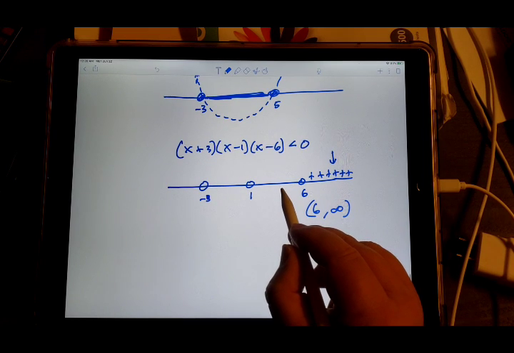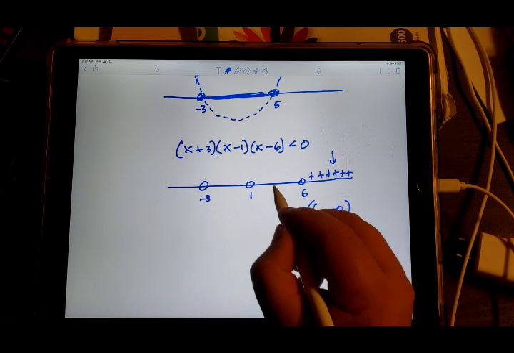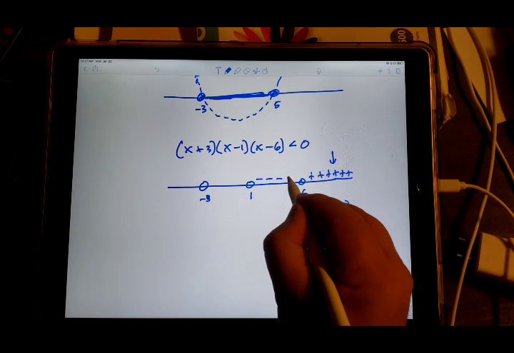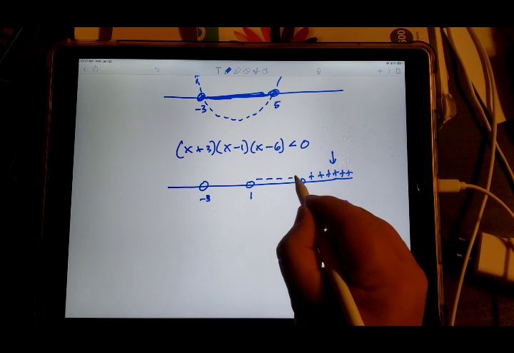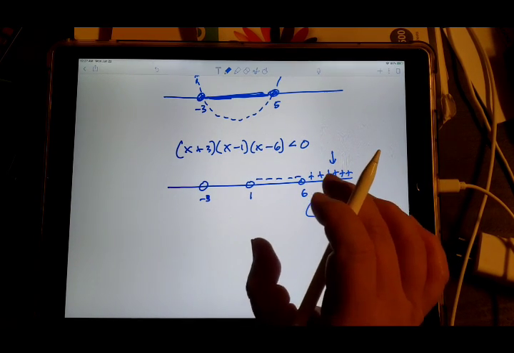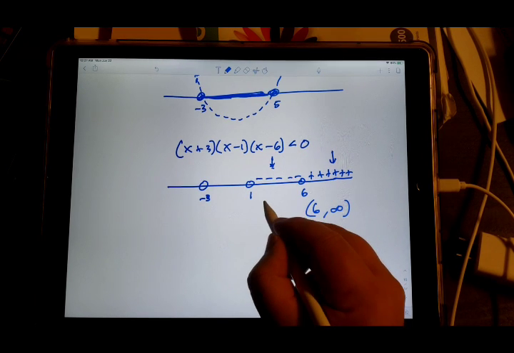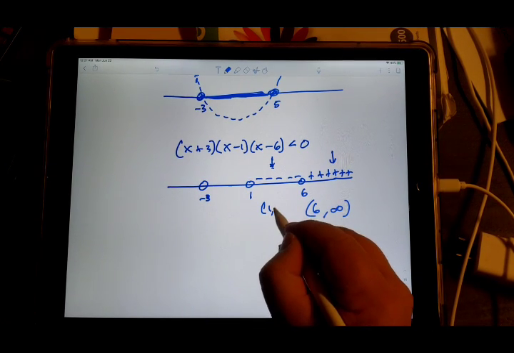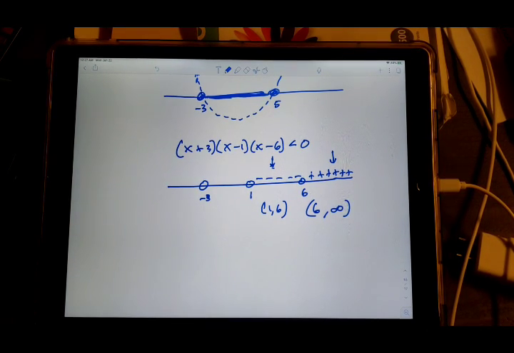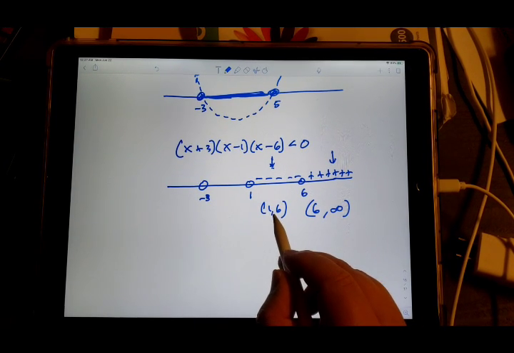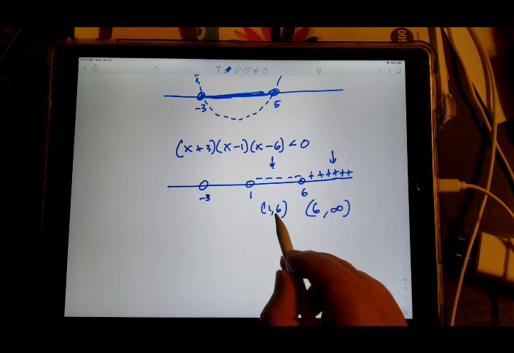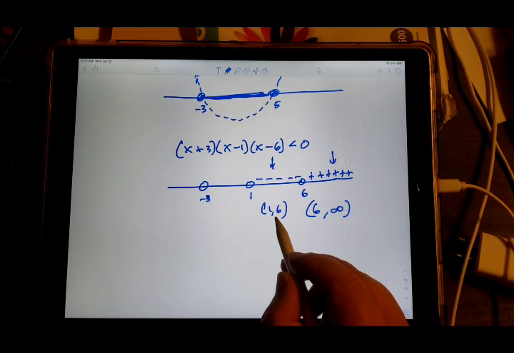Now, in the next interval, it will most likely change signs. I say most likely because there are exceptions, so we'll take a test point in the interval from 1 to 6. Let's pick a number right in between, but let's pick 3.